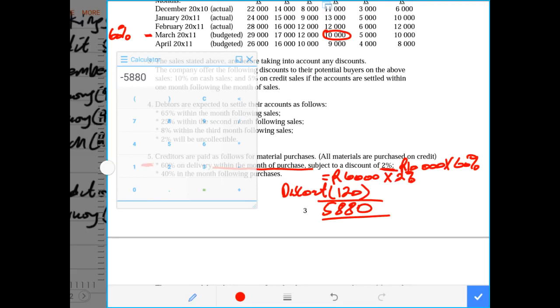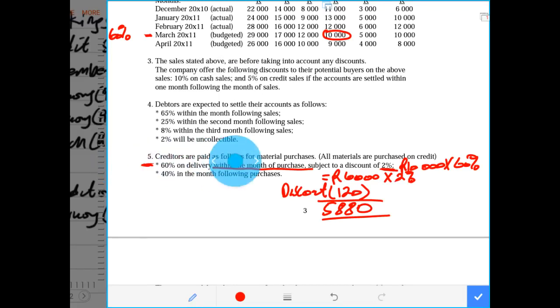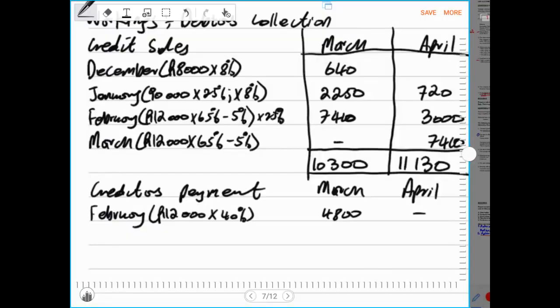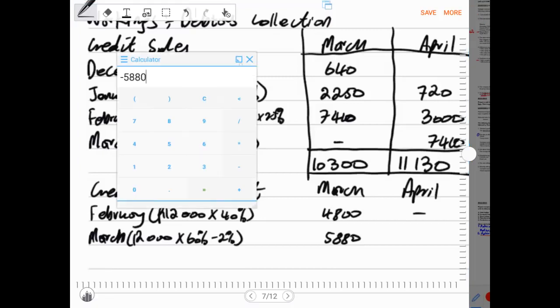That will be 5,880. That will be March, which is 12,000 times by 60% less 2% discount, 5,880.